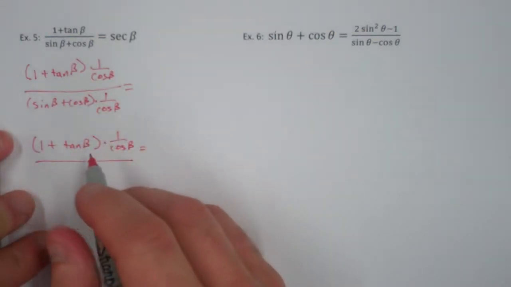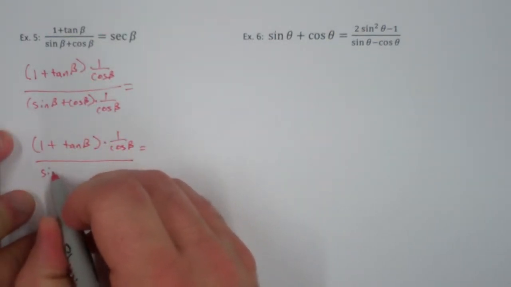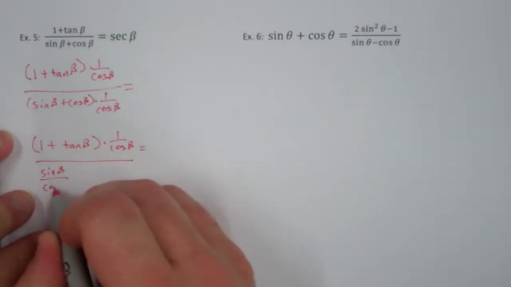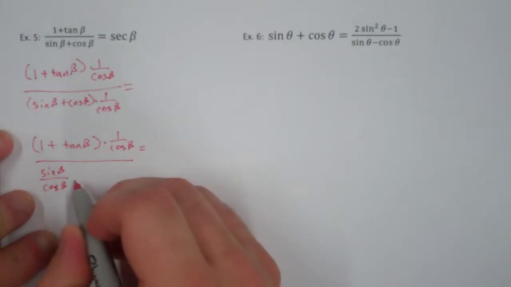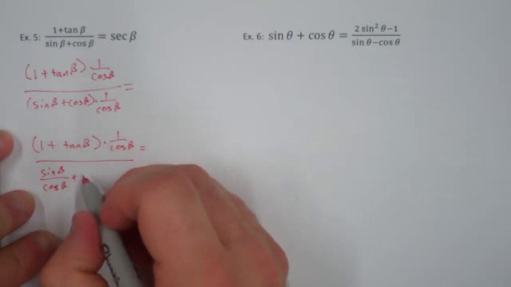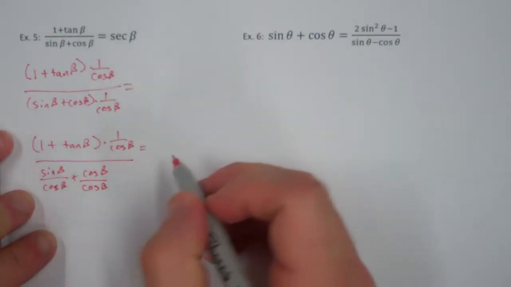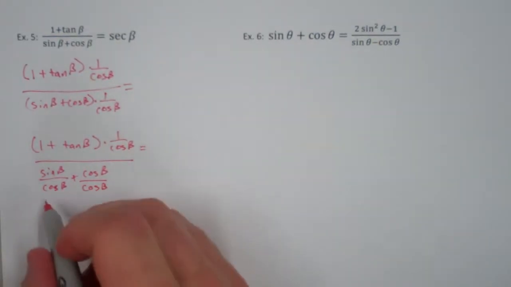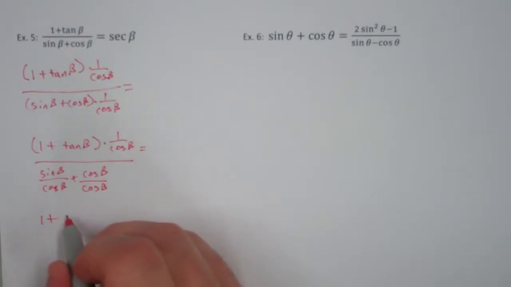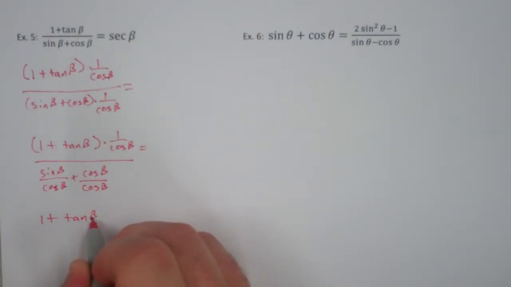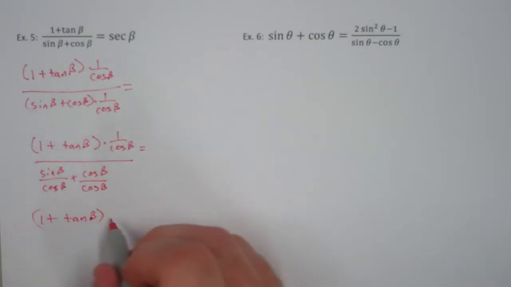Let's distribute this out. So we've got the sine of beta over the cosine of beta. And this next term is going to be the cosine of beta over the cosine of beta. So now we've got 1 plus the tangent of beta times 1 over the cosine.